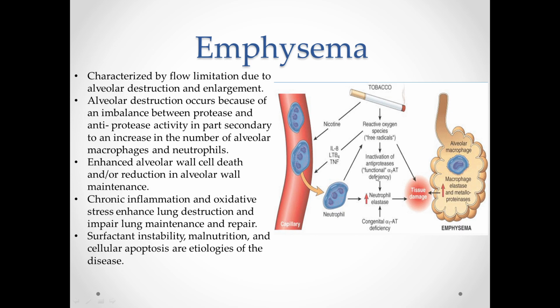When these are inactivated, then what happens is that there's a greater amount of elastase destruction. Now, neutrophils, when they come into that area, again, being hyperactivated now, can contribute to that elastase destruction, and can also contribute to the pro-inflammatory environment of that area.